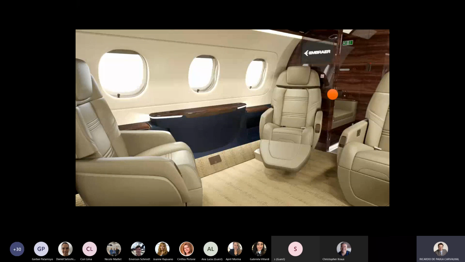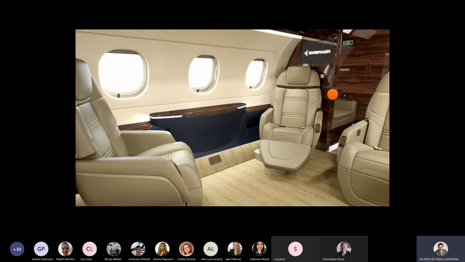This is a very interesting picture because it's all about what you cannot see here, right? Usually airplanes in this class have an emergency exit on the right-hand side of the airplane, in this position you're looking at. And our emergency exit is located in the lavatory. Why is this important?